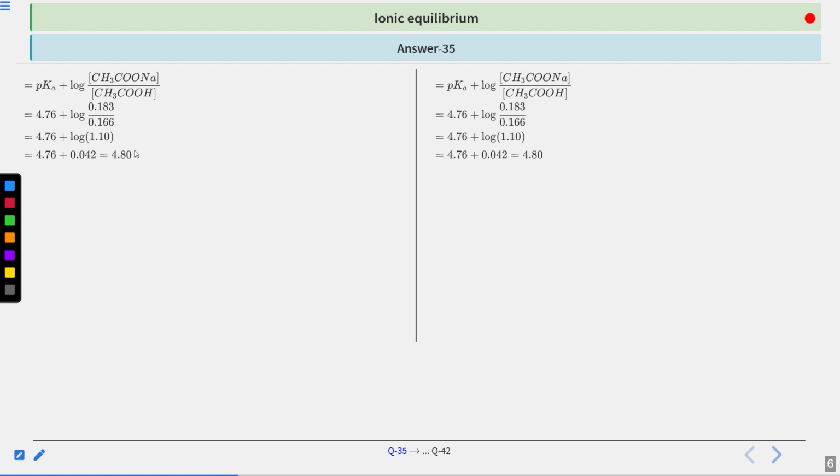Further calculating, you will get the pH as 4.80. So we can say very clearly that this pH is greater than 4.76 and less than 5.0. We have simply used the acidic buffer formula, which is the Henderson-Hasselbalch equation, and calculated the pH.